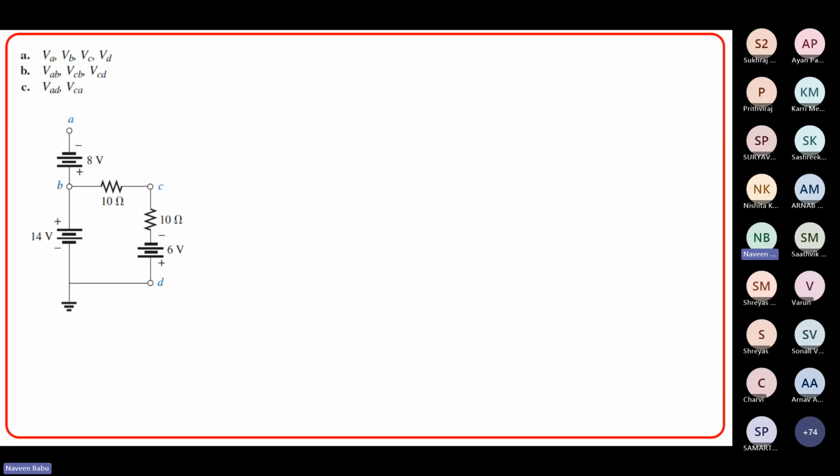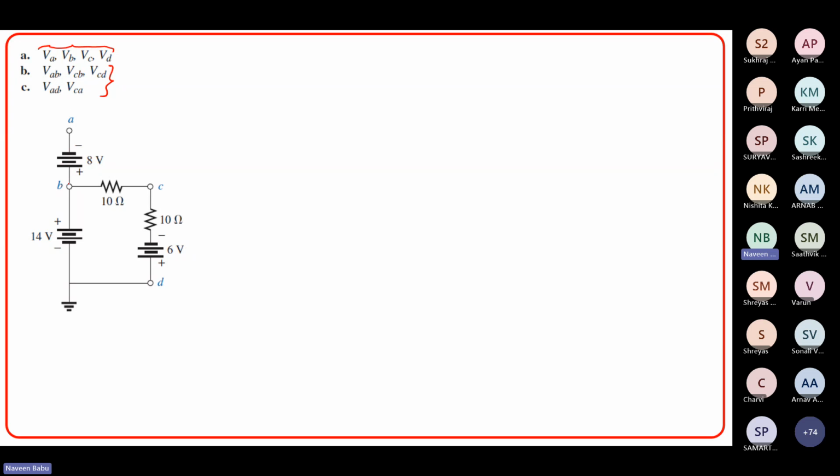All right. Now, again, let's find out the different values of VA, VB, VC, and VAB. If you look at the B and C parts, it is straightforward because once you know VA, VB, VC, and VD, you can use these voltages in determining these double script values. So let's focus on determining the single script values.